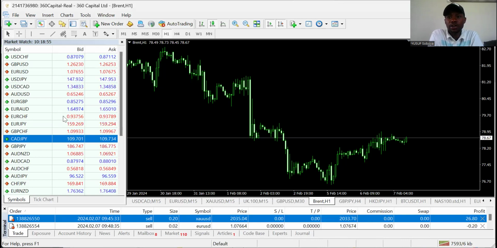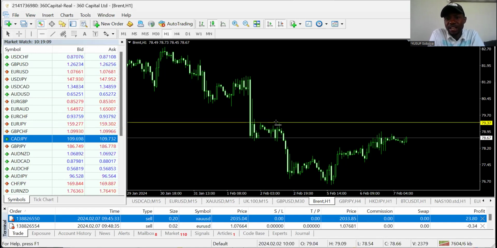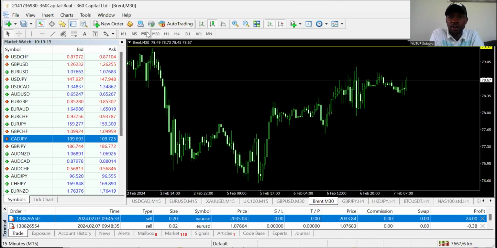So pretty much you can see Brent oil is sitting at $78.68 per barrel. Are we anticipating it to push all the way up? I think it might recover this position to 79 per barrel, somewhere around there.